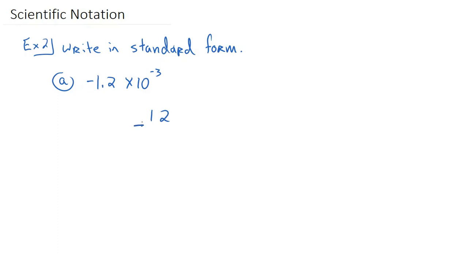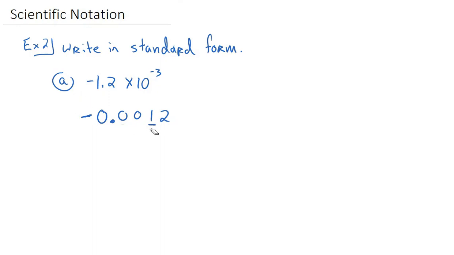Well, I'm basically going to gain, my place value is going to shift 3 slots. One of those slots is the one I already have. I'm going to need 2 more to get my decimal in the right location, and the number is going to stay negative. That's not going to change. That negative is just out there to maybe mess you up by a careless error. So I like to write this all clean in the end.